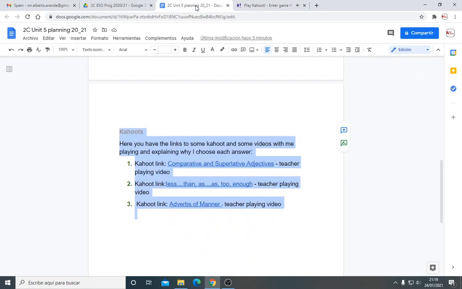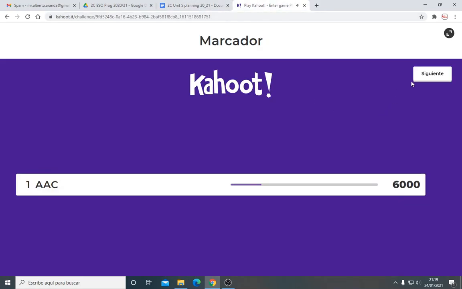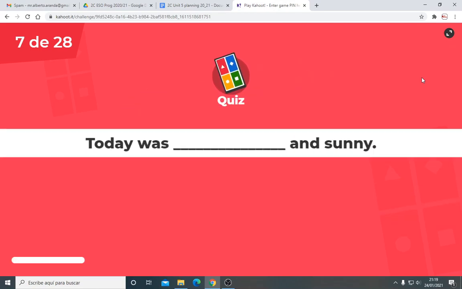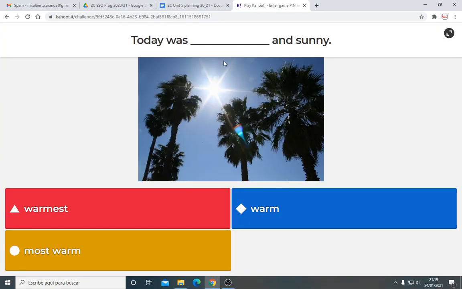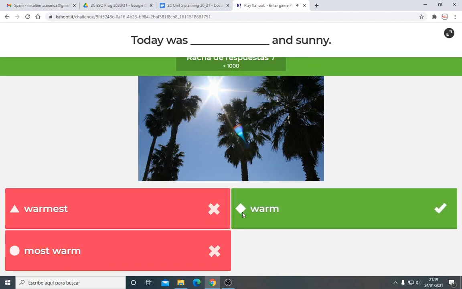This one has got comparatives, isn't it? It's taking a while to find the comparatives. Today was, here we have a comparative already. Warm is just 1 syllable. It takes ER or EST. Today was, this is not a comparative. So this is a trick. Today is warm and sunny.